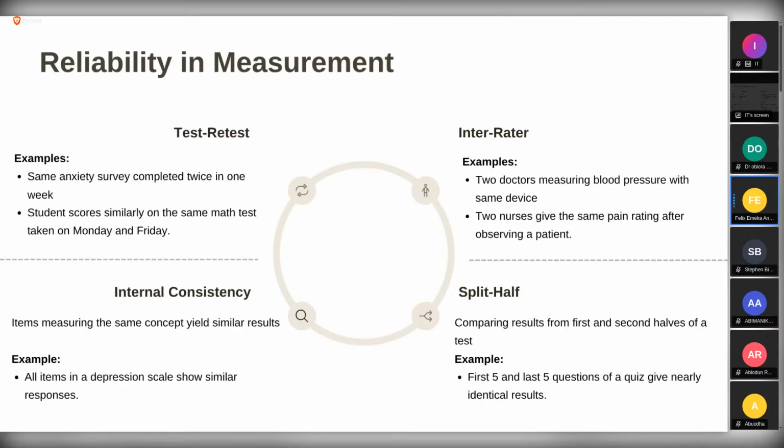You have some questions, and all those questions are supposed to be measuring the same thing. So the first 5 questions are supposed to measure the same thing, and the second 5 questions are supposed to measure the same thing. So if the first 5 questions give you a good score of 100% and the second 5 give you a poor score of 20%, it means that those 10 questions are not measuring the same thing. You have to go back and look at those questions.